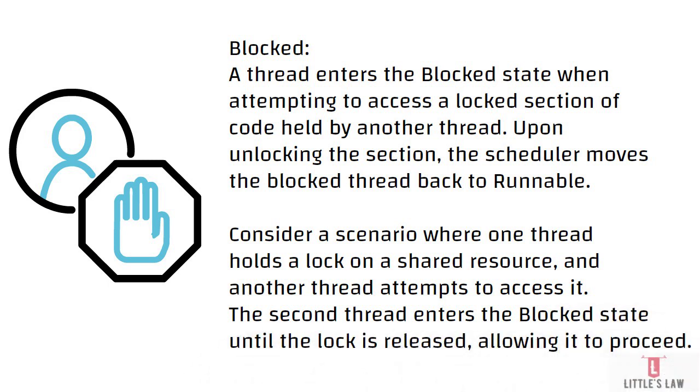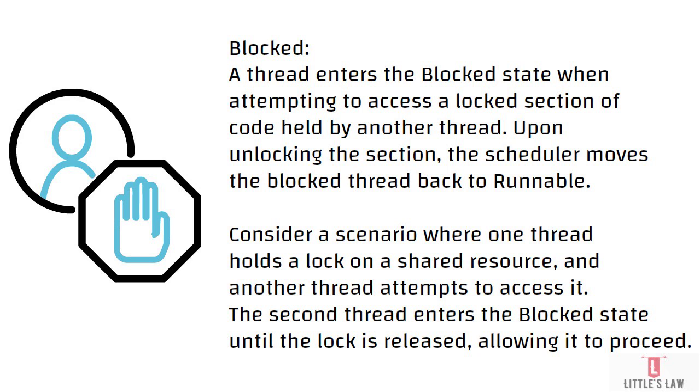For example, in a scenario where one thread holds a lock on a shared resource and another thread is attempting to access it, the second thread enters the blocked state until the lock is released before it can proceed. Let me just reiterate about the blocked state. A thread enters the blocked state when it is trying to access a locked section of code held by another thread.